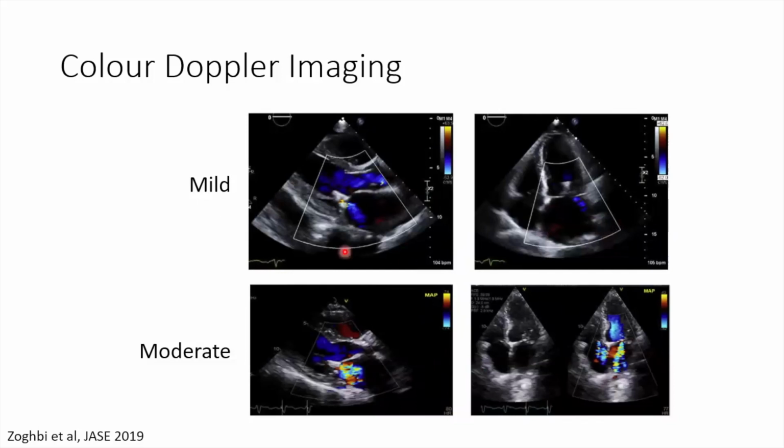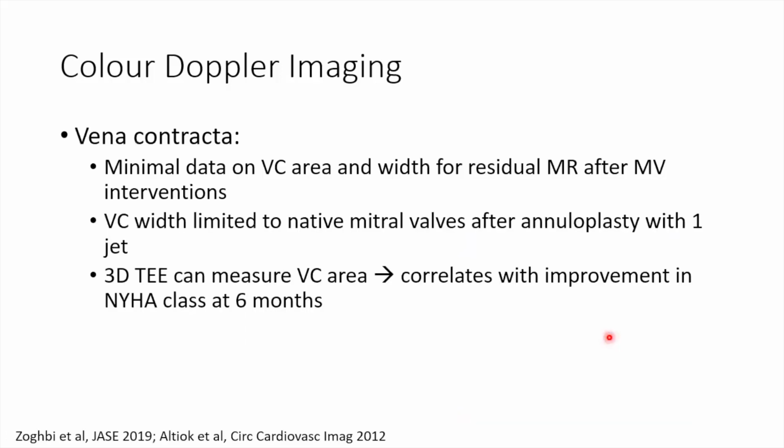And you don't really see much of a flow convergence. In the setting of at least moderate mitral regurgitation here, you can see that there's a larger color jet area. There's aliasing of the color. It fills a larger component of the left atrium, and you may be able to see some flow convergence, but this example in particular is not very obvious.